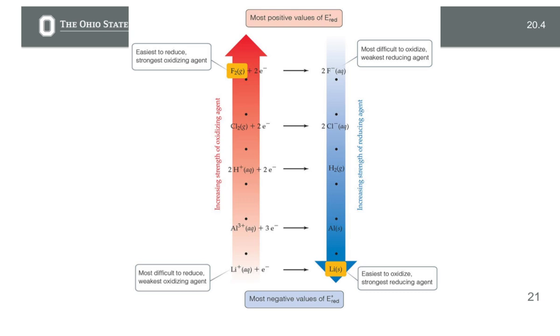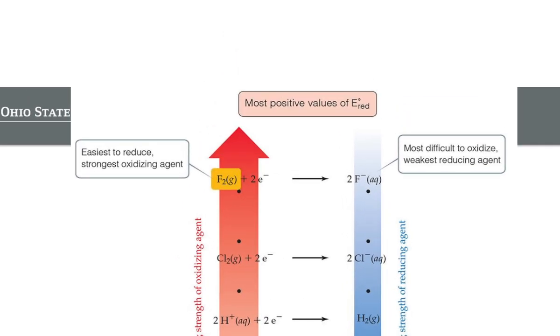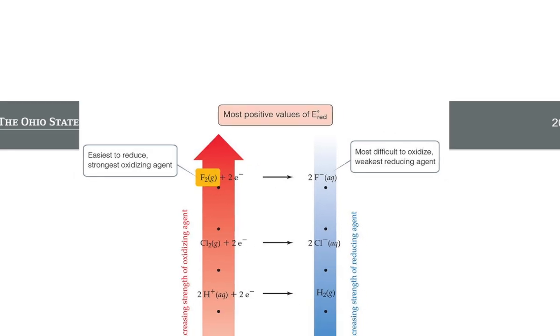In a table, probably a little hard to see, I'm going to sort of zoom in here at the top. At the top, we're going to have our most positive values for the reduction potential. For instance, for the reduction reaction of fluorine plus 2 electrons forming 2 fluoride, the reduction potential is 2.87.